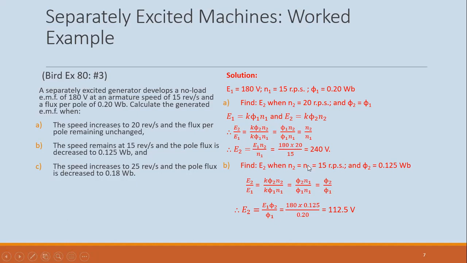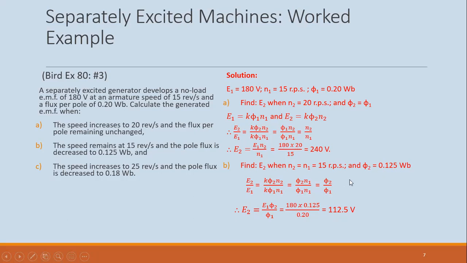Since N2 is equal to N1, the N1s cancel. I'm left with E2 over E1 equal to phi 2 over phi 1. And the maths tells me that the induced EMF has reduced because the flux has reduced.